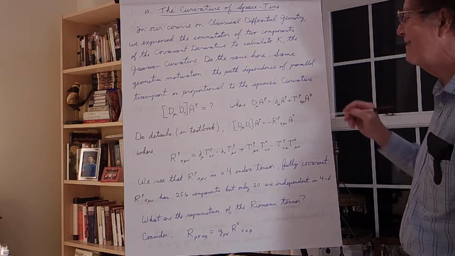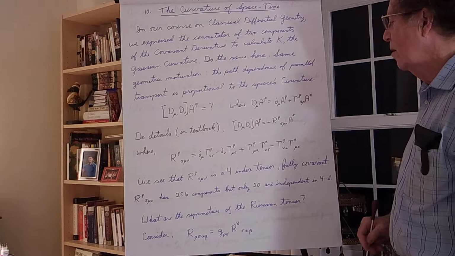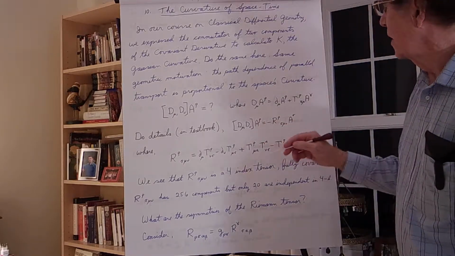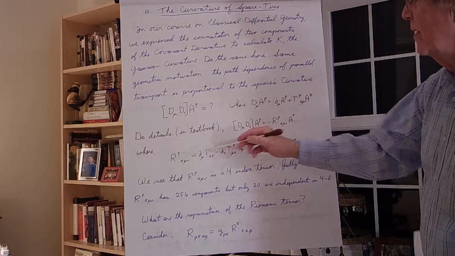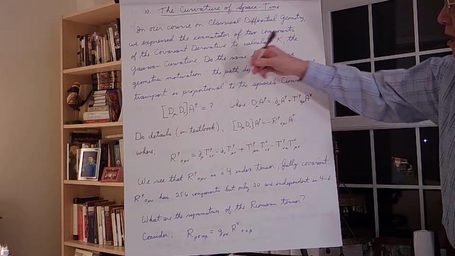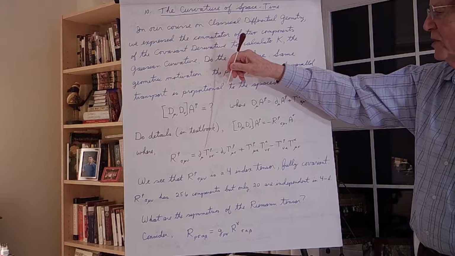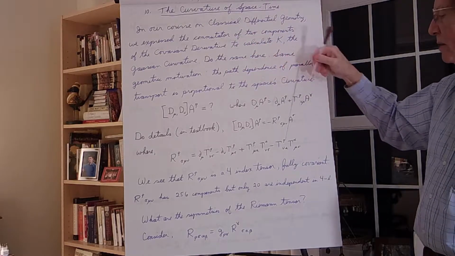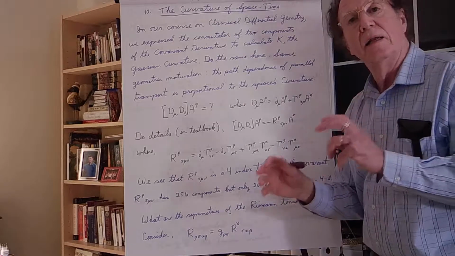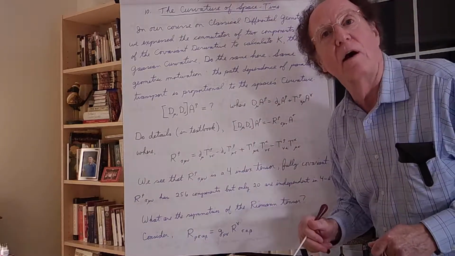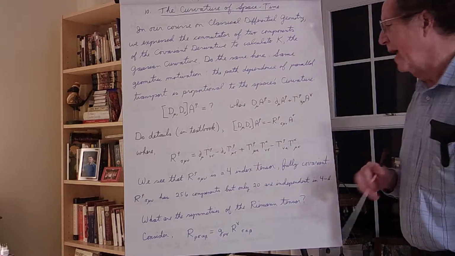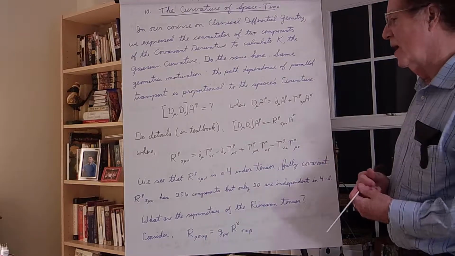That coefficient is guaranteed to be a tensor, and it's the Riemann curvature tensor. The result of all my arithmetic is that the Riemann curvature tensor looks like this: a gradient of a Christoffel symbol minus a gradient of a Christoffel symbol, and then the product of a couple of Christoffel symbols. And God help me if I get the indices wrong. So it's written properly in the supplementary lecture with the indices that way.